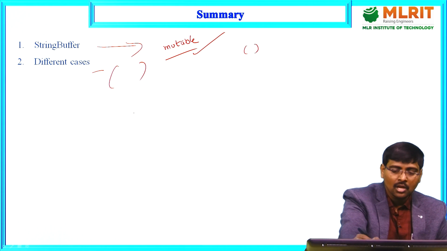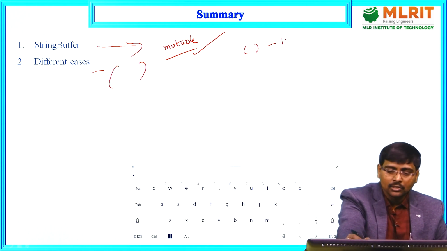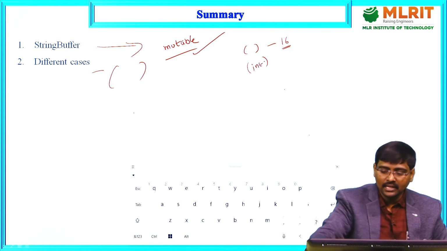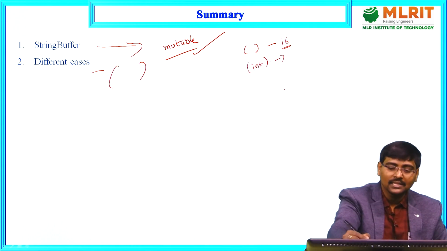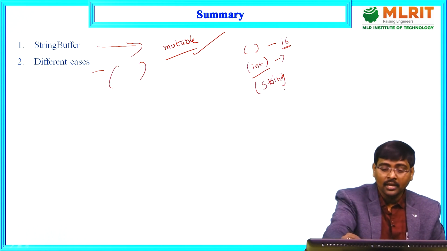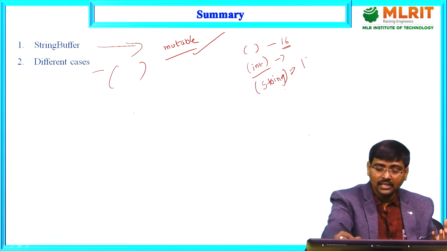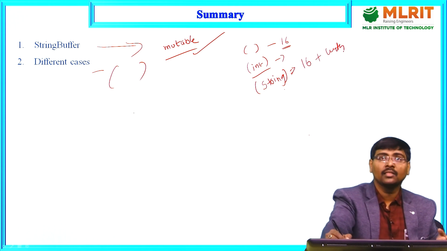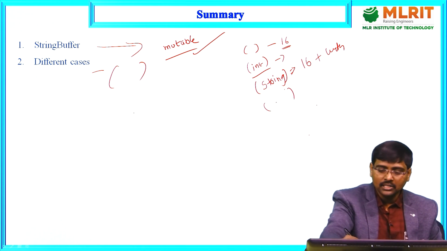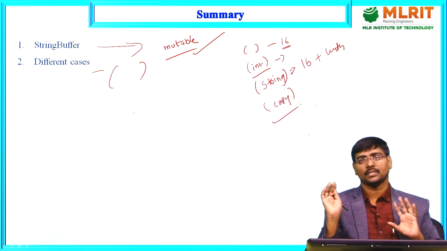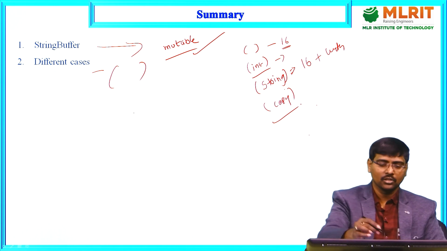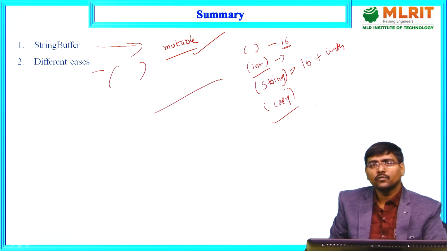One case is without any parameter, so it takes the default capacity of 16. One is an integer parameter, which is the capacity of the buffer. Another one is a string, in which the capacity is 16 plus the length of the string. The next one is simply for string copying purposes, where one string object is referred to by more than one. This is the concept of string buffer.